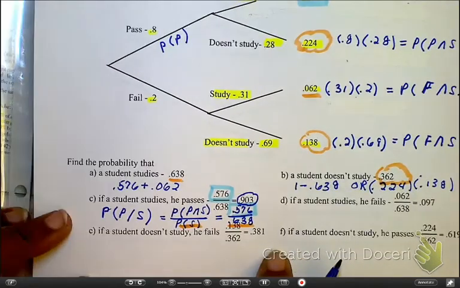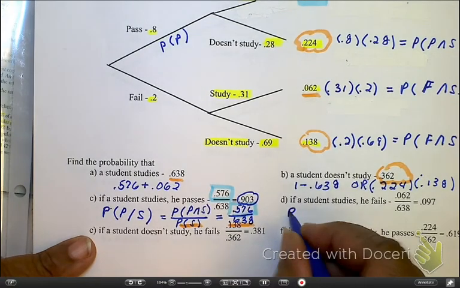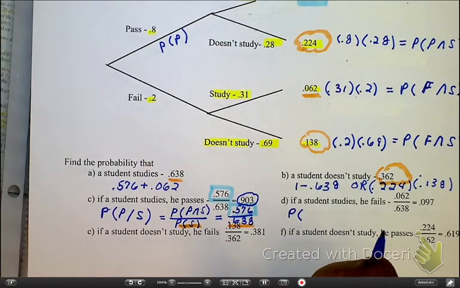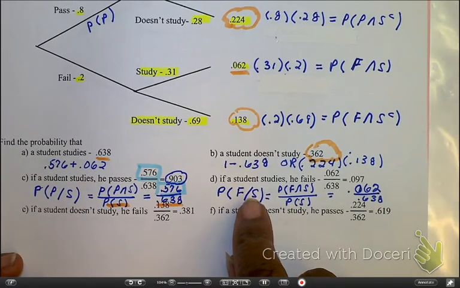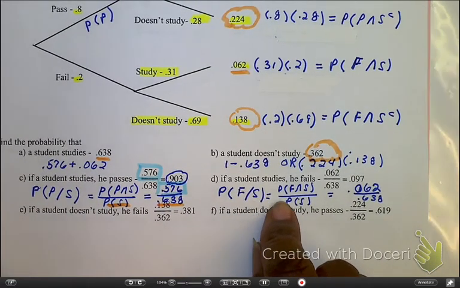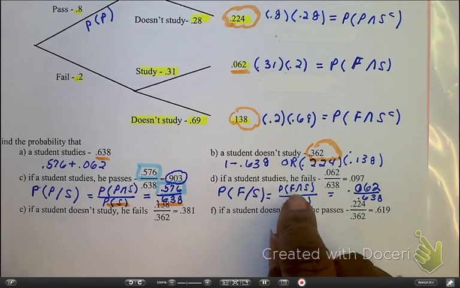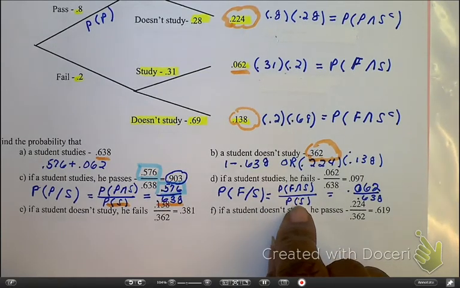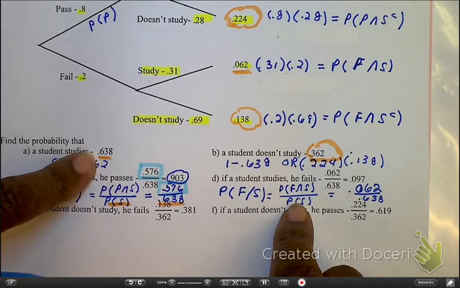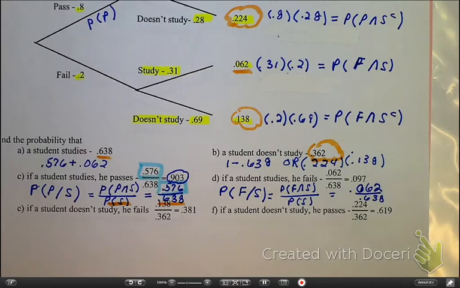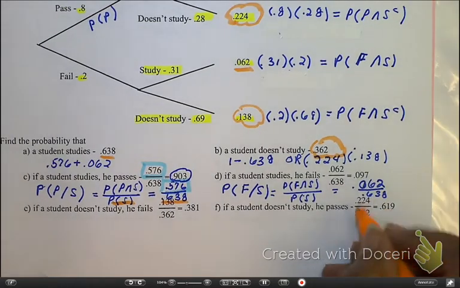Part D is the same thing. We've got the probability of fails given that he studies, and that's going to equal the probability of fails and studies over the probability of studies. So the probability of studying, remember we saw that answer in part A right there. I'm underlining again.